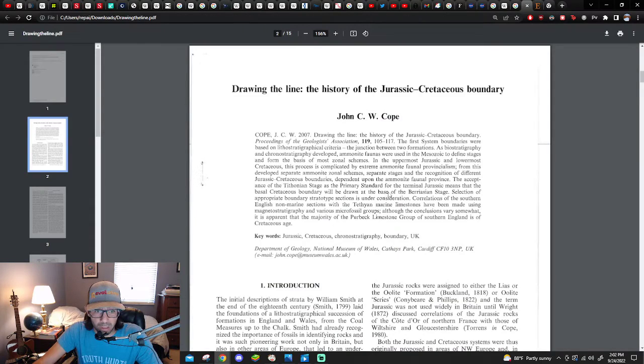I don't know why. I guess that's just a region of Earth that had ammonite fauna. Acceptance of the Tithonian stage as the primary standard for the terminal Jurassic means that the basal Cretaceous boundary will be drawn at the base of the Berriasian stage.